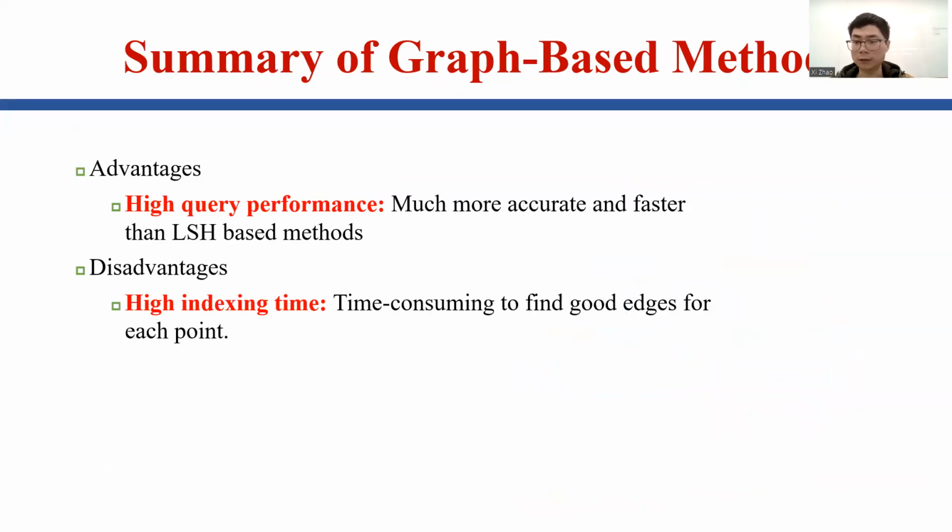Graph-based methods often achieve much better query performance than LSH-based methods. However, they all have much higher indexing time because we are required to find the nearest neighbors for each point when building the index.